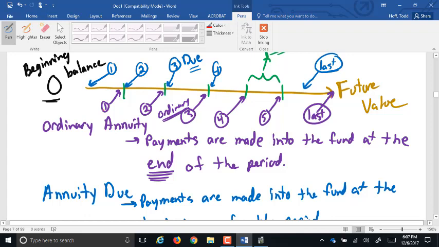The first payment is going to sit there for how many periods? Not 6, 5, because it's made at the end of the first period. There's only 5 periods left. So in the ordinary annuity, that first payment's only there for 5 periods because it's made at the end. In the annuity due, that first payment's going to sit there for all 6. So which one do you think gets more interest? The due is going to get more interest.